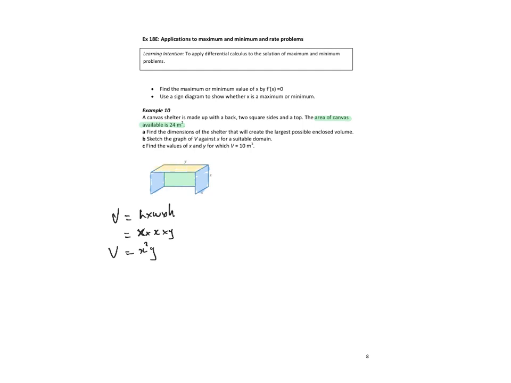So I've got 4 sides. All right. So what are the dimensions of each of these sides? Well, the roof in yellow is x by y.